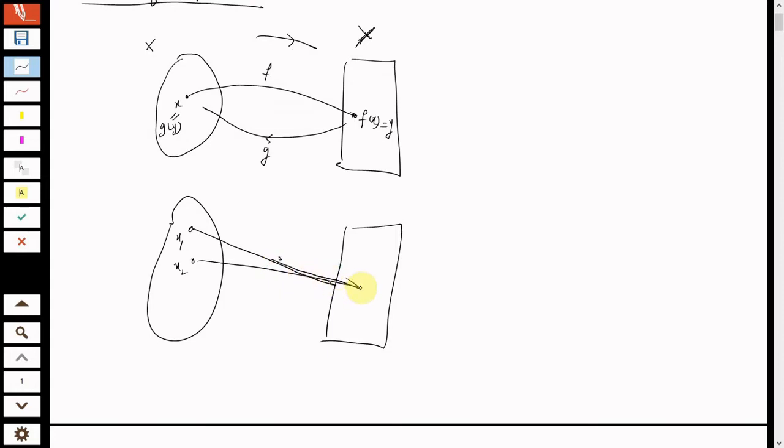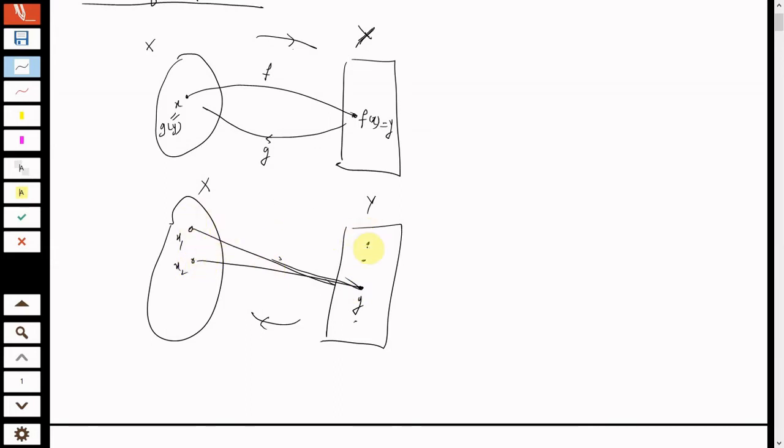Sorry for the incorrect diagram. If g is a function, then we will not be able to produce a function from Y to X if this happens, because this y will map to two distinct elements, which is not possible in a function.